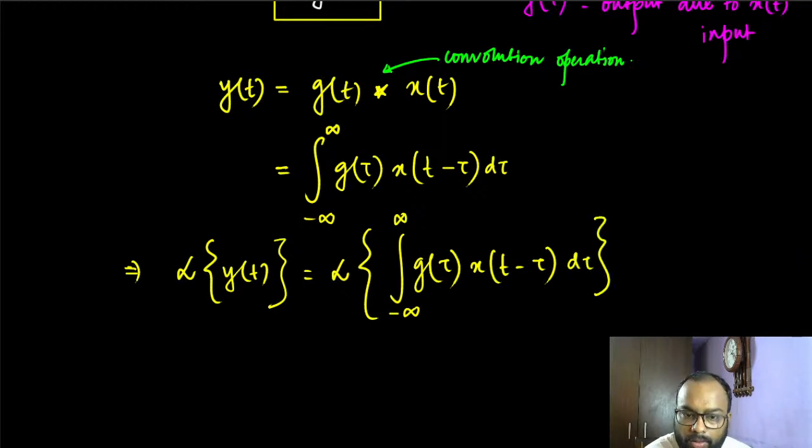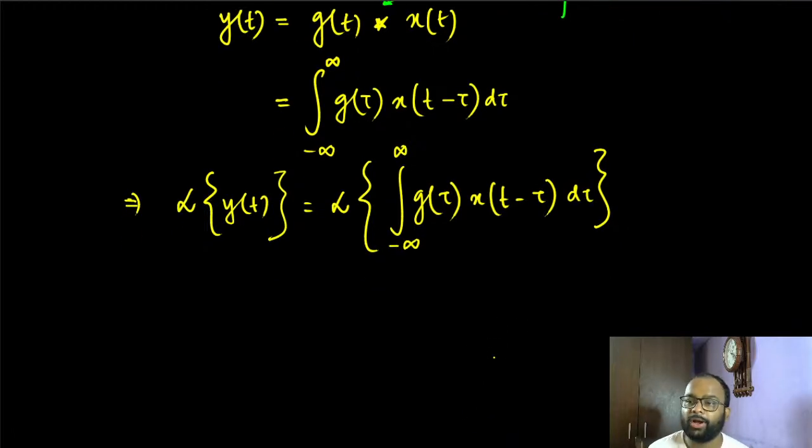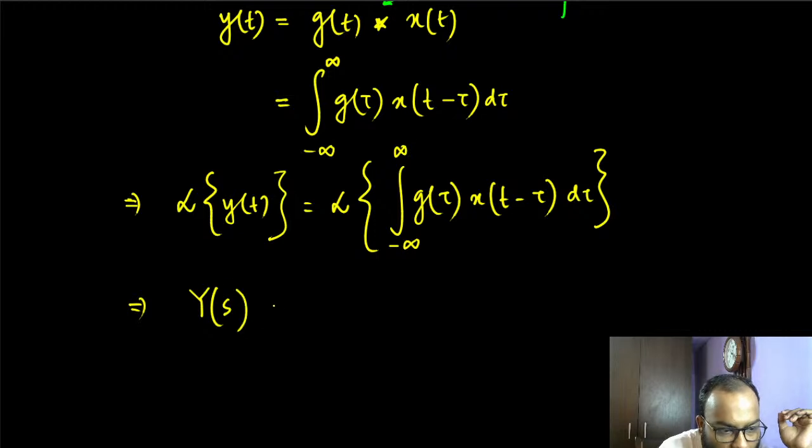Just hold on this bottom property. Now, in order to make sure that you do not confuse yourself with whatever I'm writing here, I'm going to use different inks. Of course, the Laplace transform of y(t), the output, is going to be denoted with Y(s).